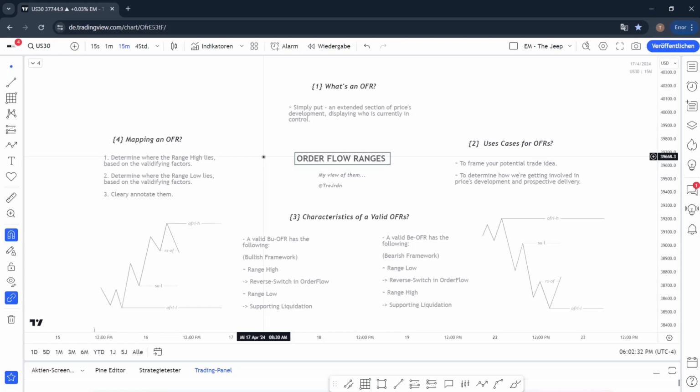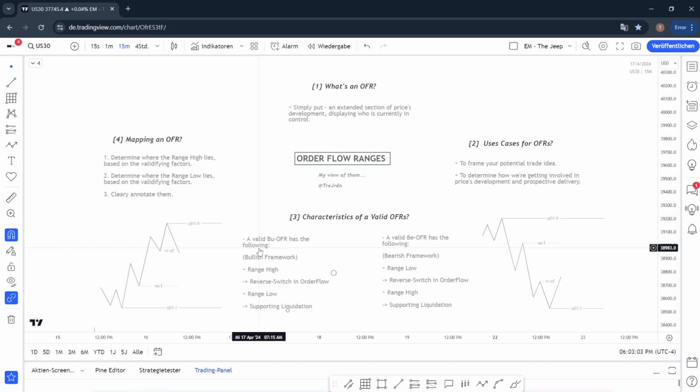For example, in the bullish framework, to validify the range high, I would need to know where the actual reverse switching order flow is, and to validify the range low, I would need to know with great levels of clarity where the actual support and liquidation is. These two terms, reverse switching order flow and support and liquidation, function as a guide for me, so I know for certain where I could potentially draw a valid order flow range.